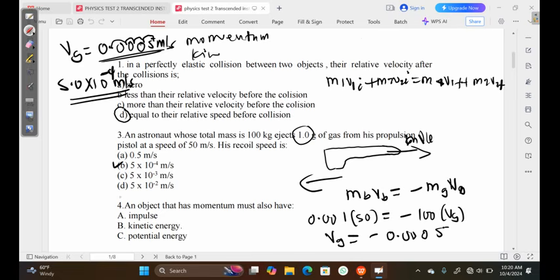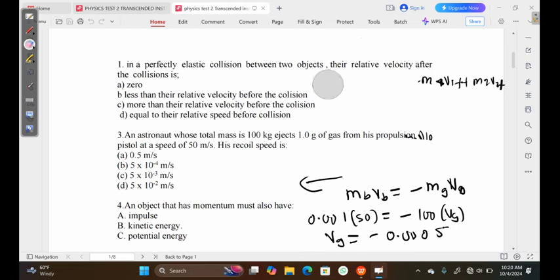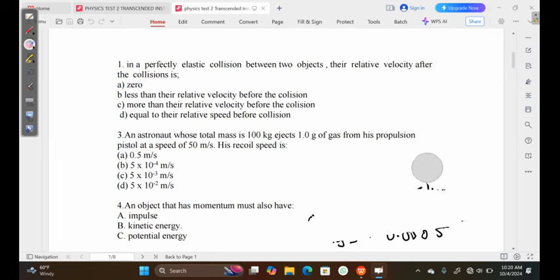Okay. Now let us go to question 4. Question 4 is saying an object that has momentum must also have. If an object has got momentum, it means that the object is moving.